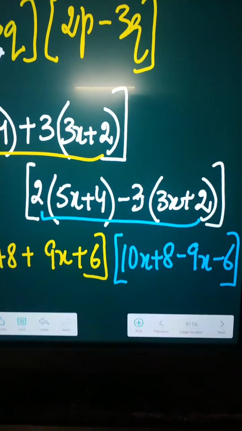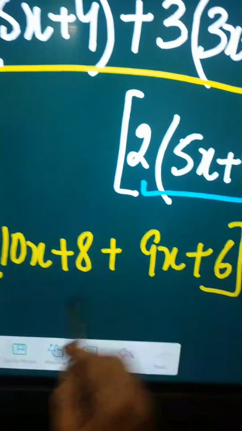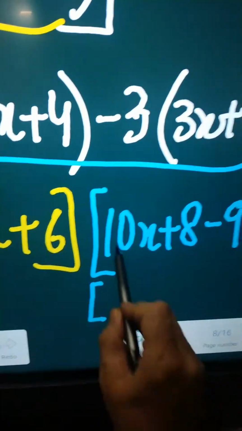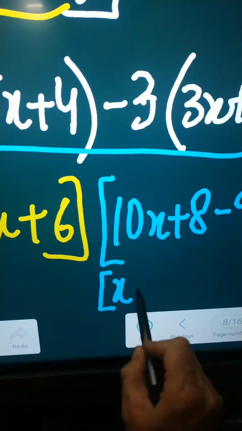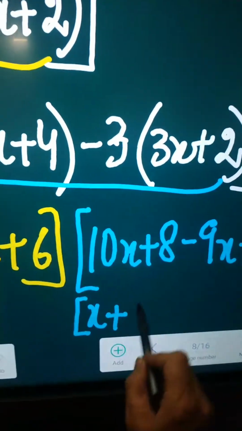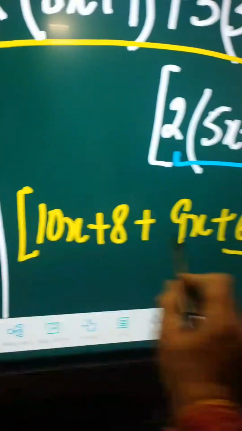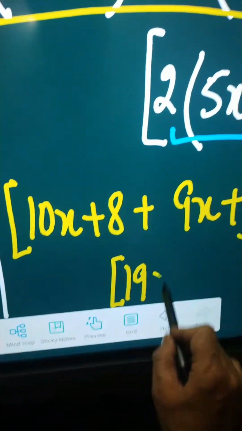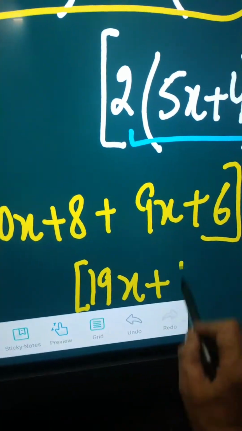Question number 1 part. Now you will combine the like terms. So the answer of this bracket will become 10x minus 9x is x, and 8 minus 6 is 2, and the answer of this will become 19x plus 14.